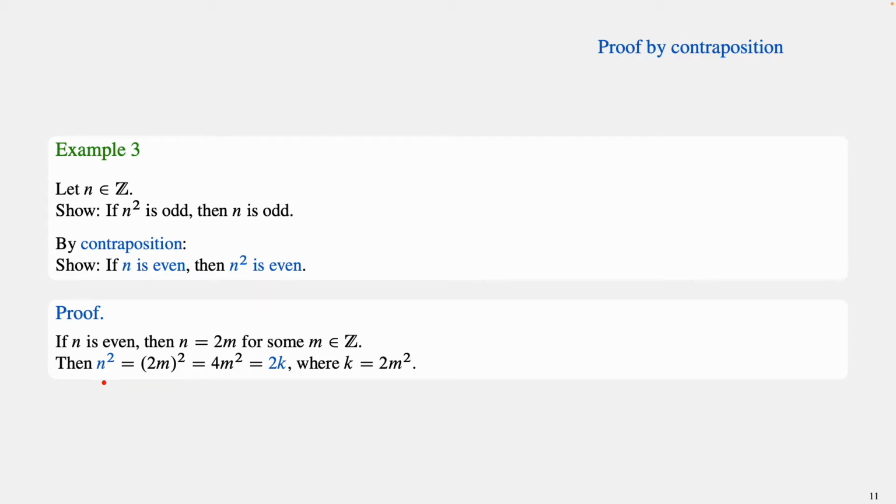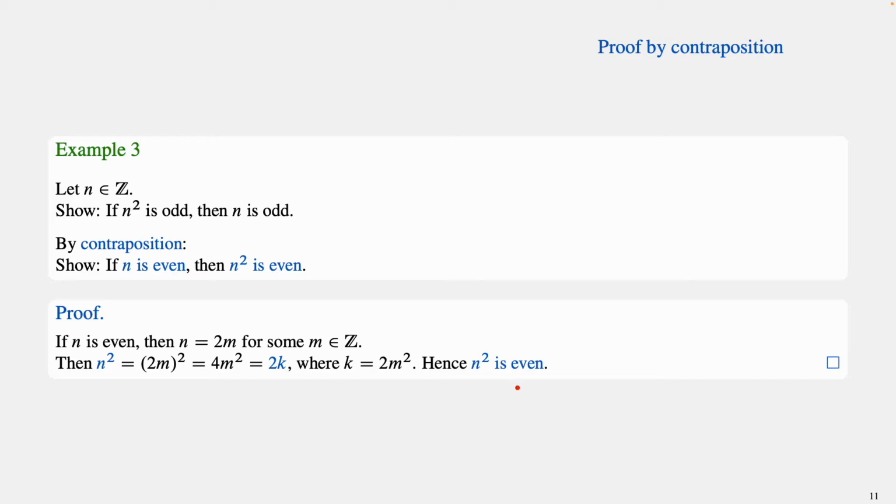So let's compute. We take n square and plug in the even number 2m for n, so we get 2m square. We compute this to be 4m square, and yeah, this is in fact 2k, where k is the integer 2m square. So this means n square is even as well.